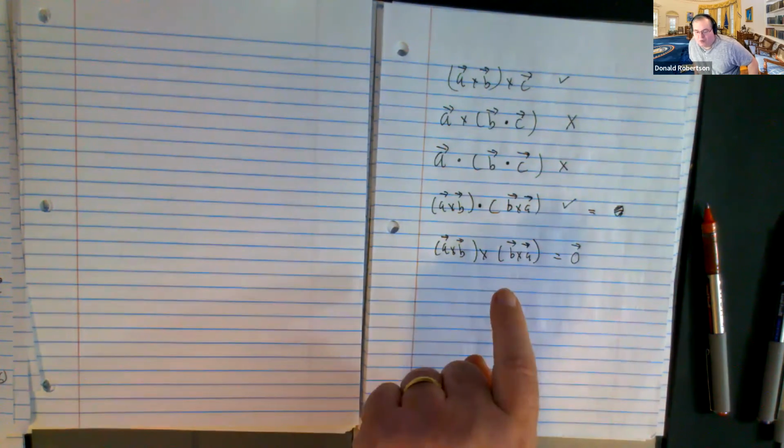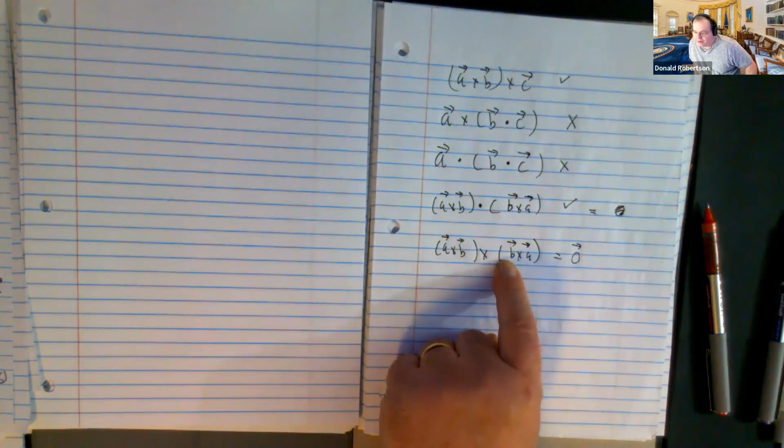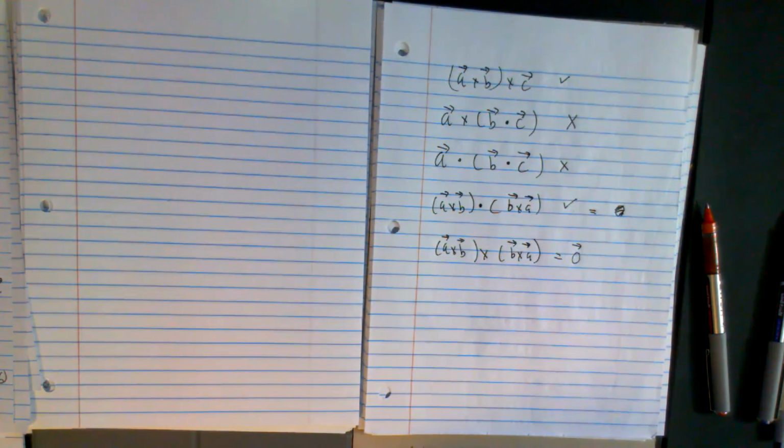First, this is doable, right? You could calculate this. It's allowed. But why do I know the answer is 0?